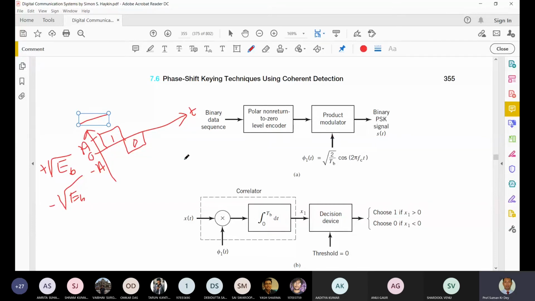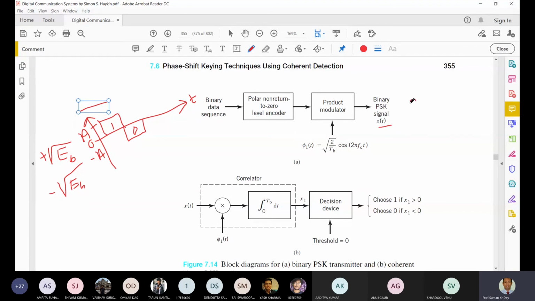After that, for the BPSK signal S(t), what is the expression for S(t)? S(t) equals square root of EB into phi 1(t).